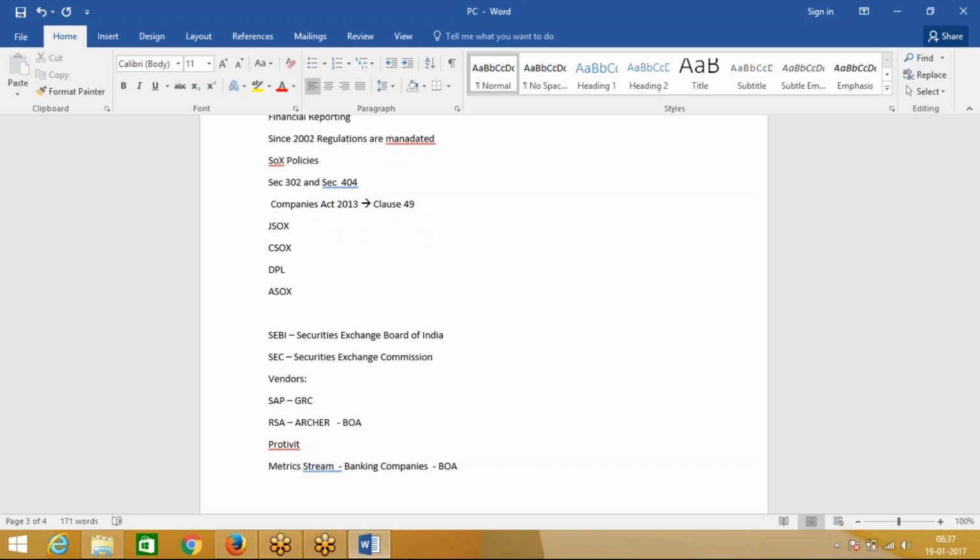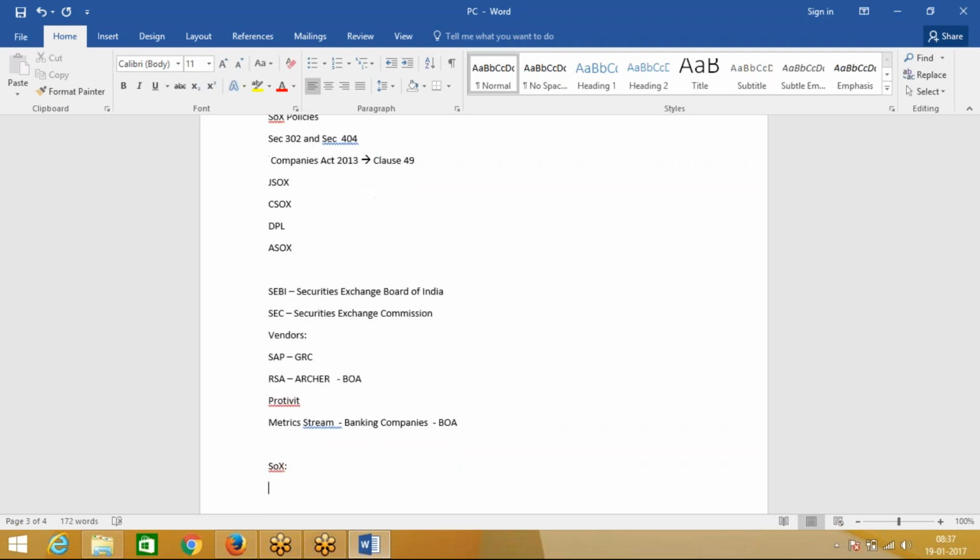So what exactly do section 302 and section 404 talk about, what exactly is it meant for? It's pretty simple. Section 302 mainly talks about the internal policies, internal procedures.